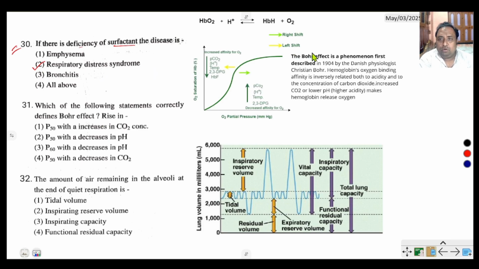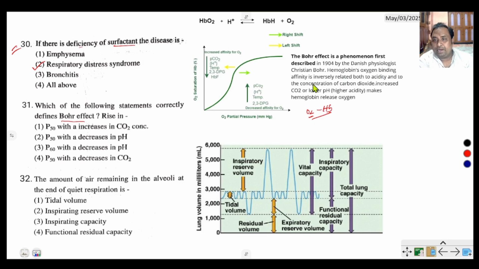The Bohr effect. Which of the following statements correctly defines the Bohr effect? Oxygen has an affinity to hemoglobin. When oxygen binds with hemoglobin and when oxygen detaches from hemoglobin, this is represented by the scientist Bohr in 1904.